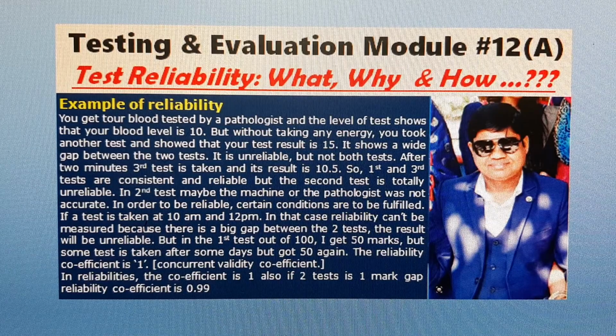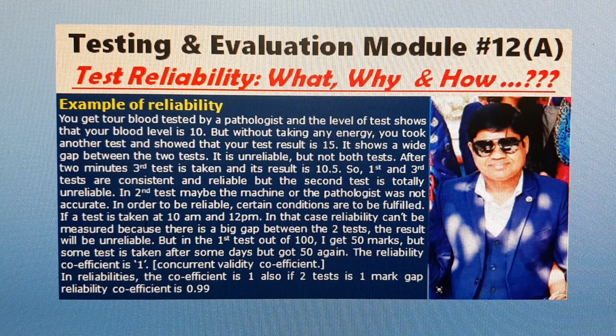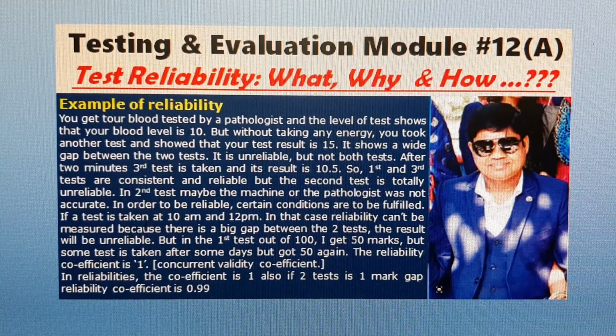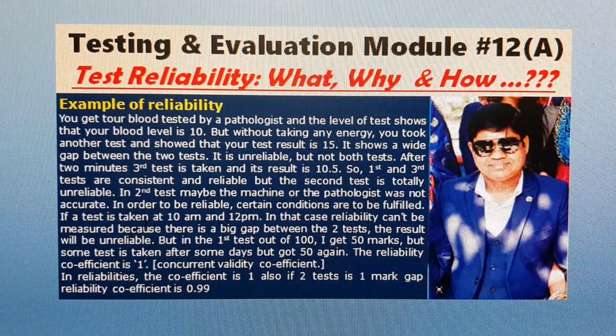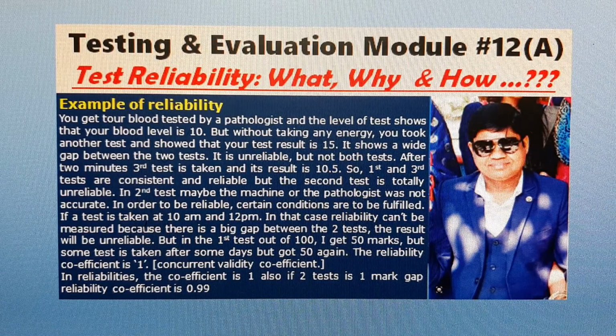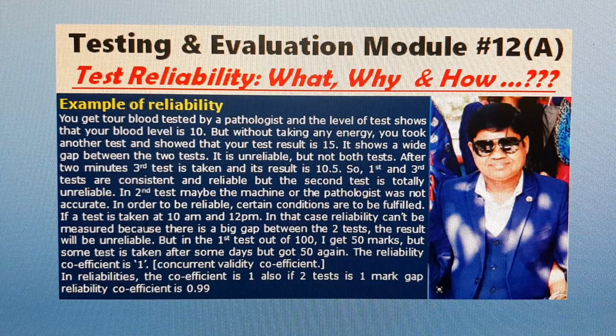It's unreliable, but not both tests. After 2 minutes, a third test is taken and its result is 10.50. So, the first and the third test are consistent and reliable, but the second test is totally unreliable. In the second test, maybe the machine or the pathologist was not accurate.